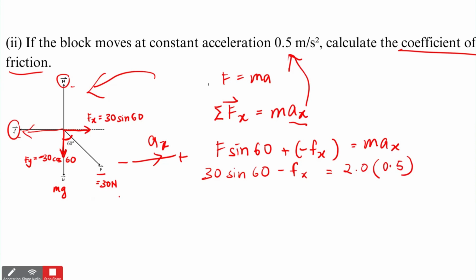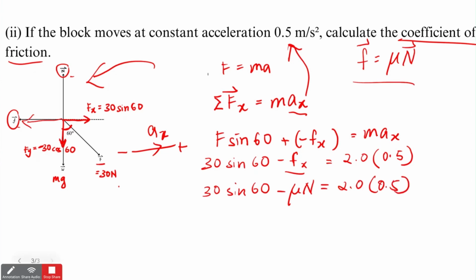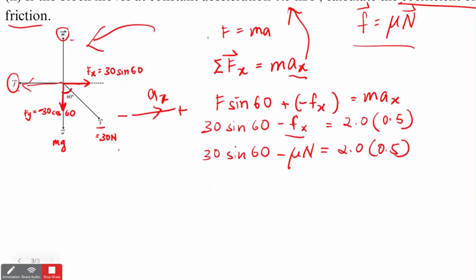And we know that friction is also equal to mu N. Substituting mu N inside, we get 30 sine 60 minus mu N equals 2.0 times 0.5.